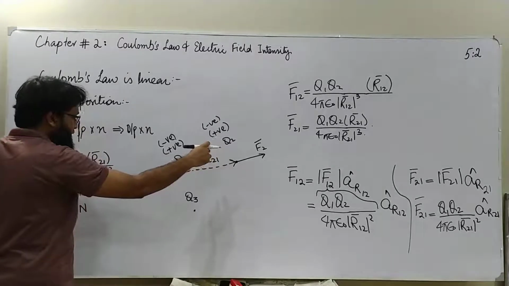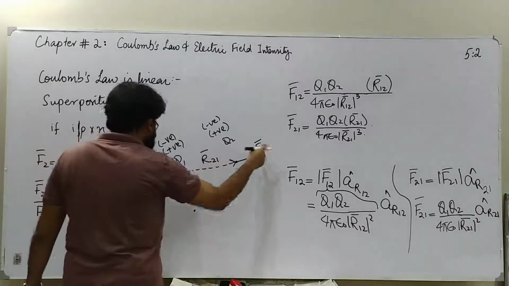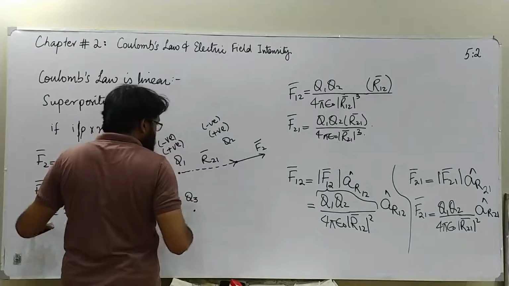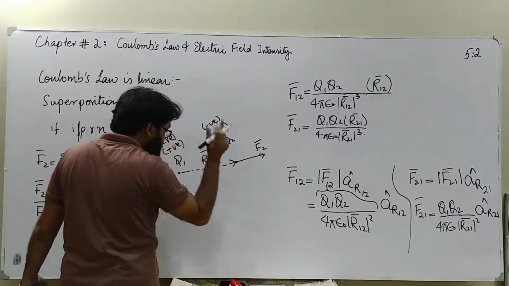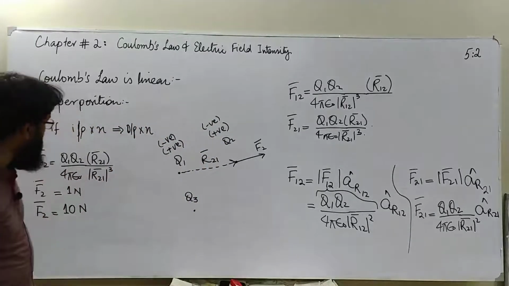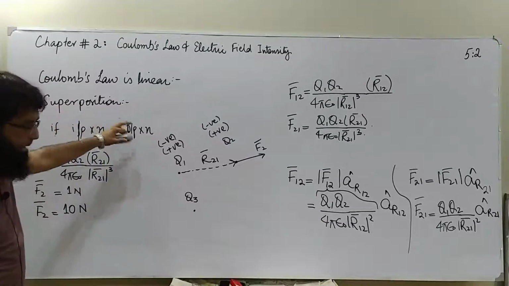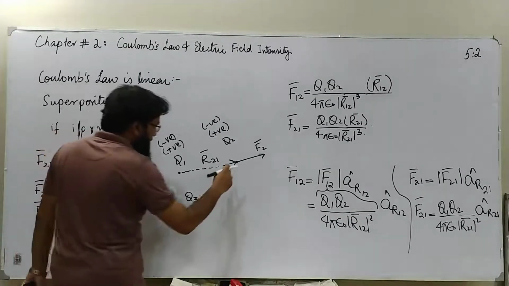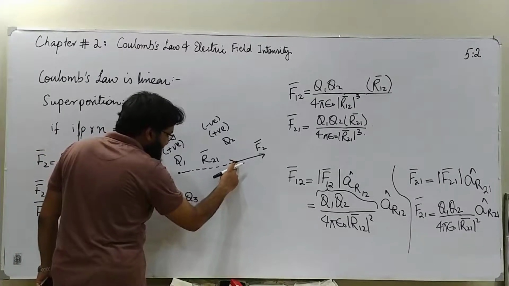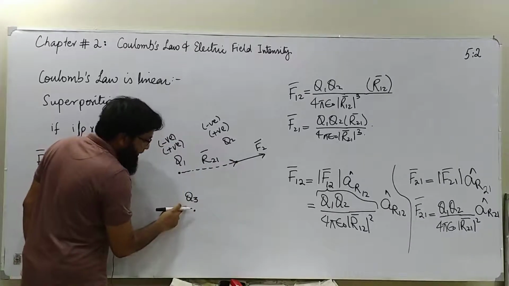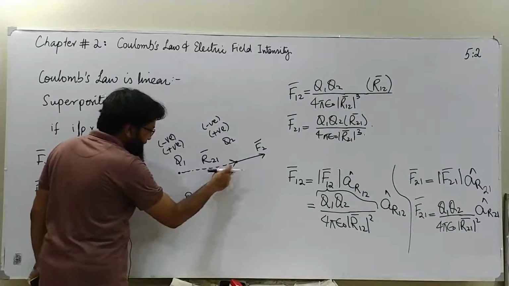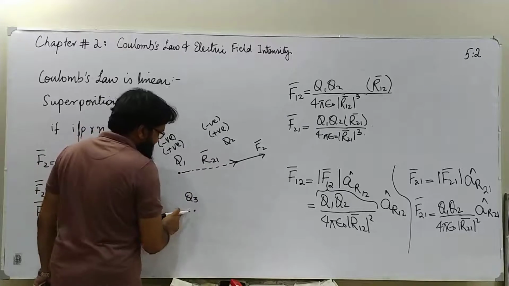So I want to find the force on again Q2. This time the second aspect of superposition will come into play: the total effect at this point due to Q1 and Q3 will be the sum of individual effects.